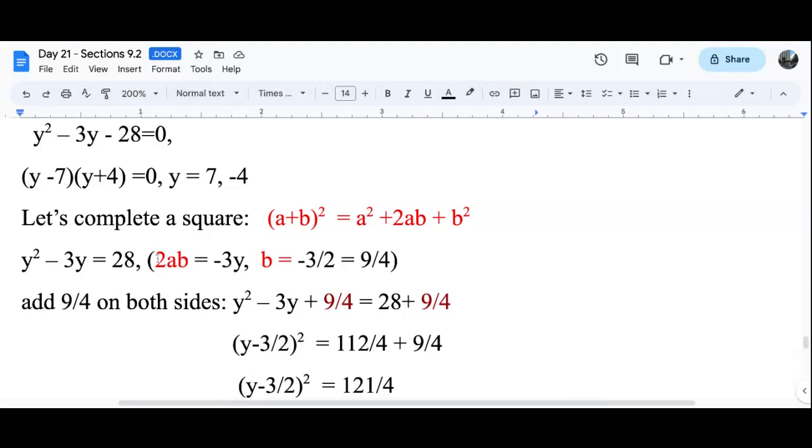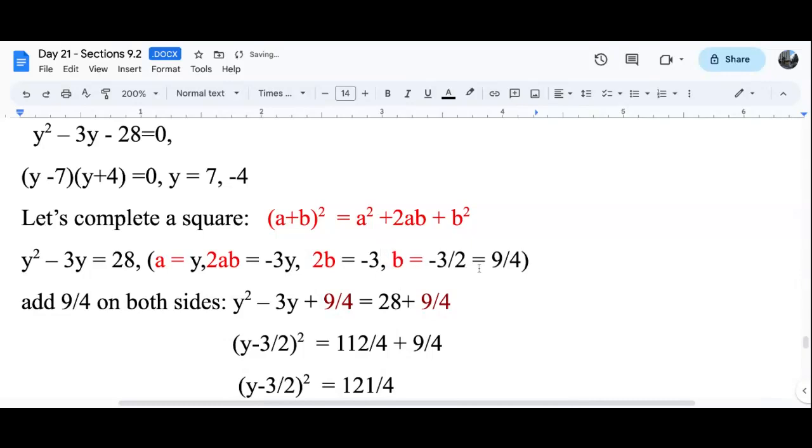For our case, a equals y. You see we have a squared, and 2ab is negative 3y. So y is a, that means 2b is negative 3.